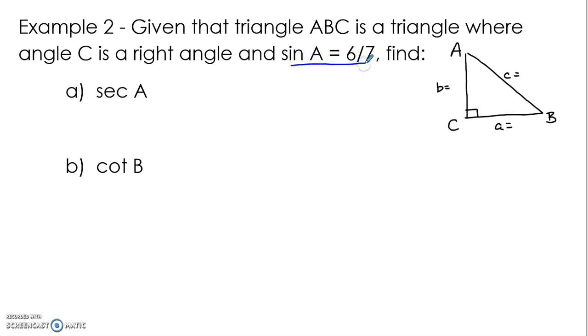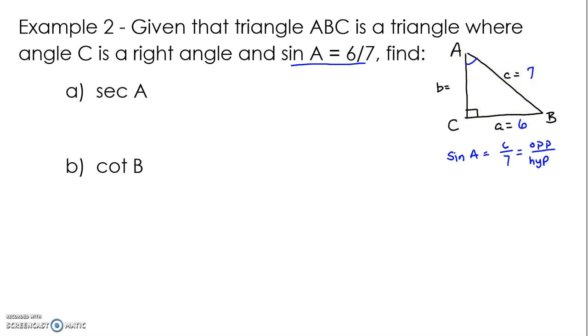It gives us that sine of angle A is 6/7. So let's figure out what sine is. Sine is opposite over the hypotenuse. So sine of A, here's A, sine is opposite, so A must be 6, and the hypotenuse, C, is 7.